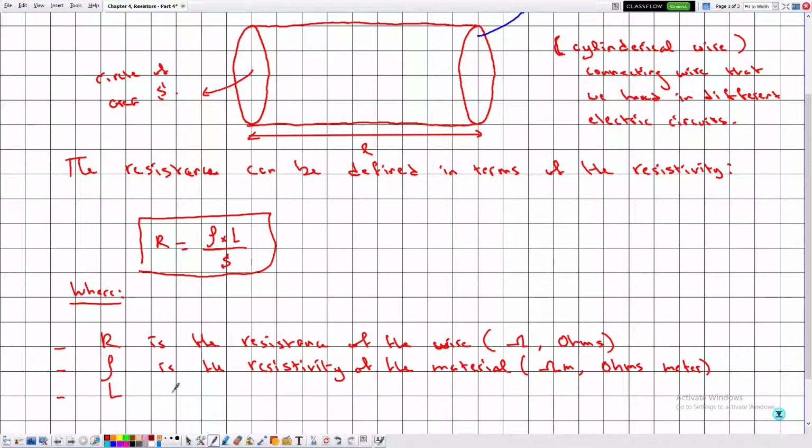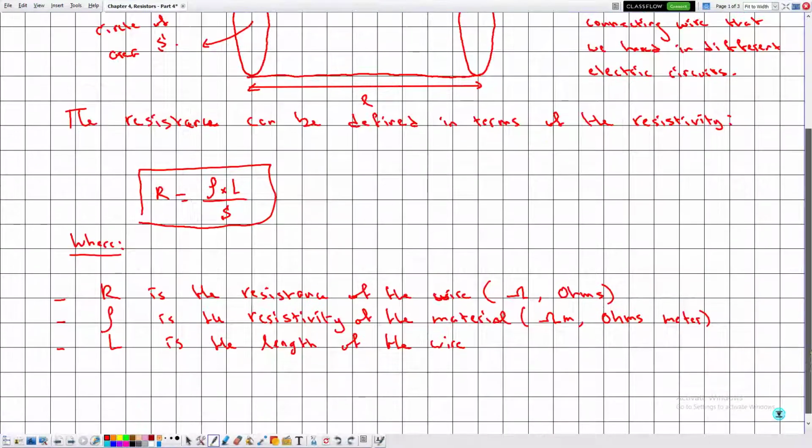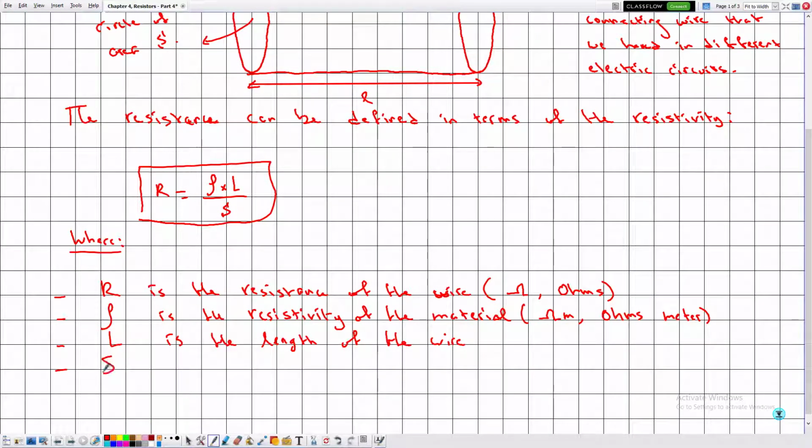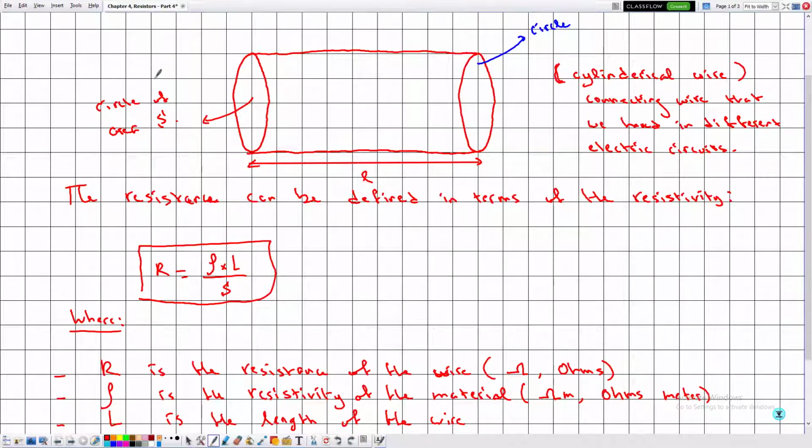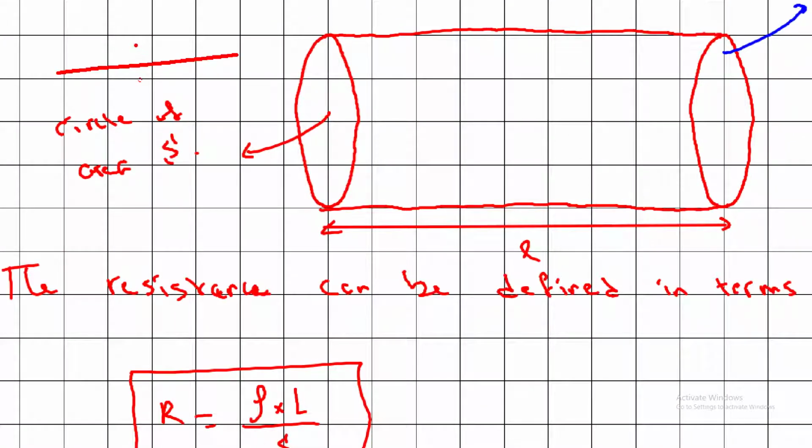Now as for L, it is the length of the wire, and S is the area. This is known as the cross-sectional area. Now, it's difficult to observe this area by the naked eye, but suppose you have a wire like this, and if you cut this wire, then what you will observe here is a circle.